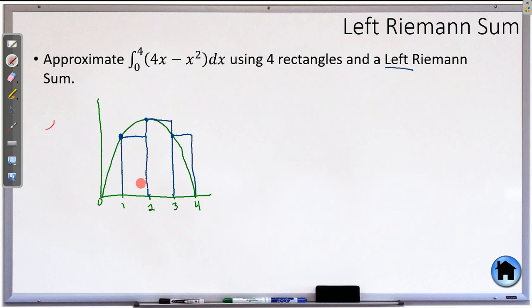And the weird one is this one. This rectangle right here from 0 to 1, I need the left corner to be touching. Well, the left corner is down here at 0, and so that rectangle, it is there, but it's completely flat. That's the hardest part about this method.